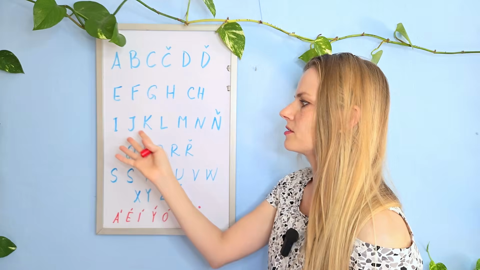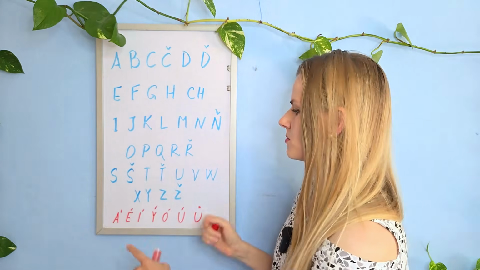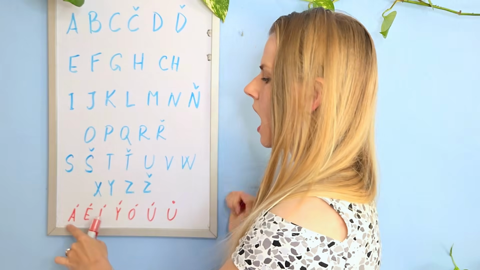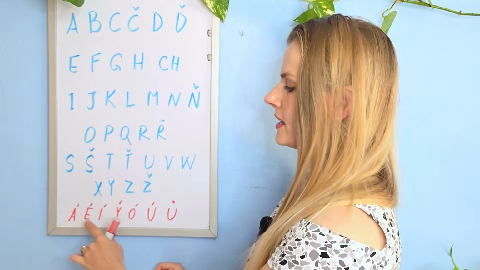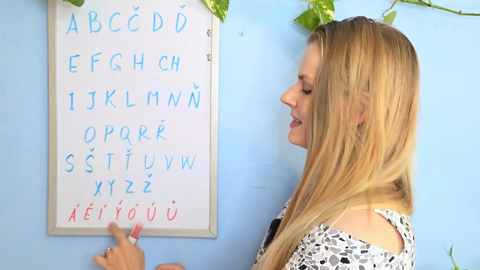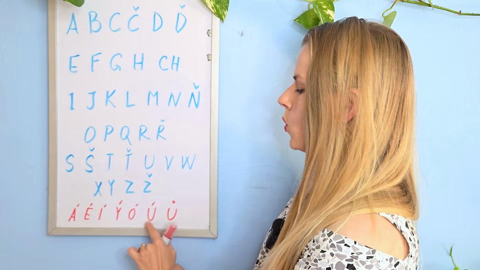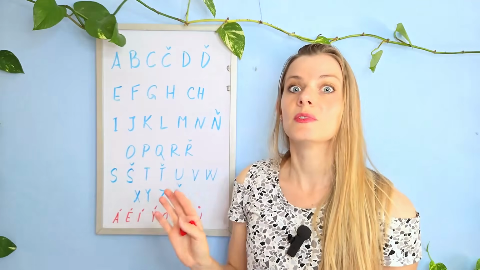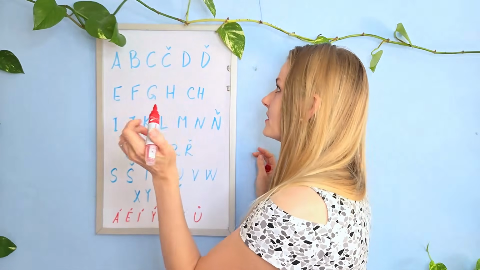This is how the standard alphabet goes, and then we have these additions as well, with an acute accent. Á, É, Í, Ó, Ú, Ů.